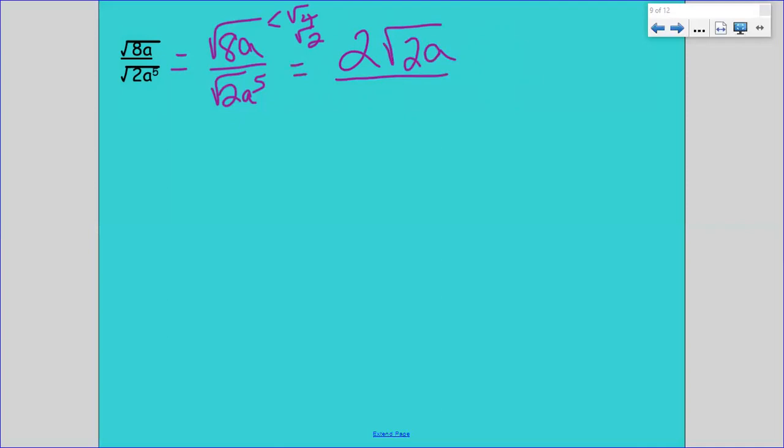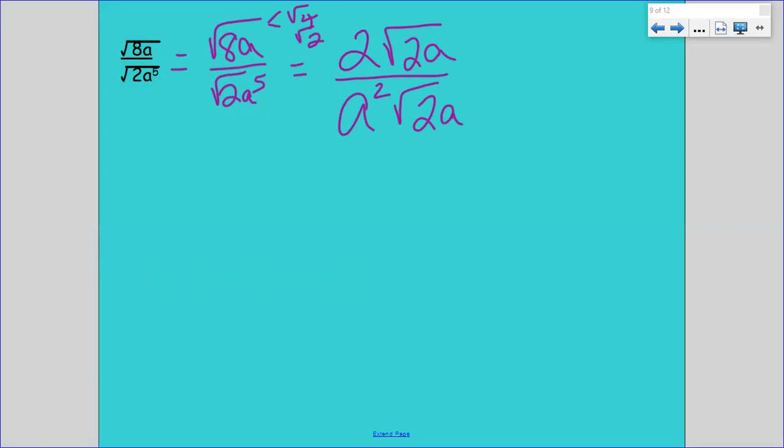Now let's look at the bottom. The square root of 2 can't be pulled out, but look, if there's 5 a's, that's 2 pair. So a squared can be pulled out, and there's an a left and a 2 left. Now, there's a shortcut on this one. Yes, we could rationalize the denominator by multiplying both the top and the bottom by the square root of 2a, and then we would have to do more simplifying.